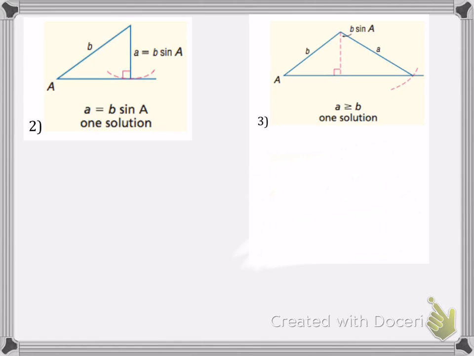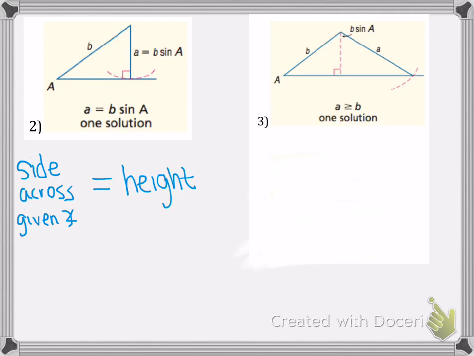If A is acute, then I could have one triangle that exists. One triangle exists if the side across from the given angle equals my height. If that's the case, then I have exactly one solution.